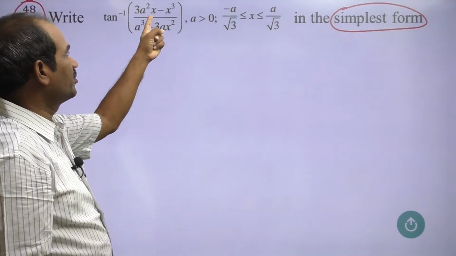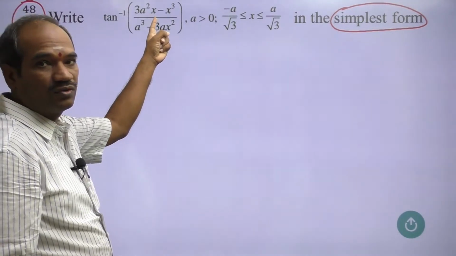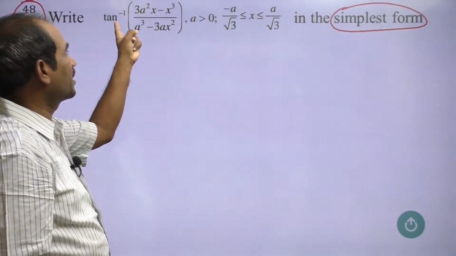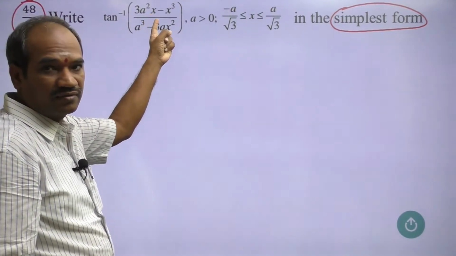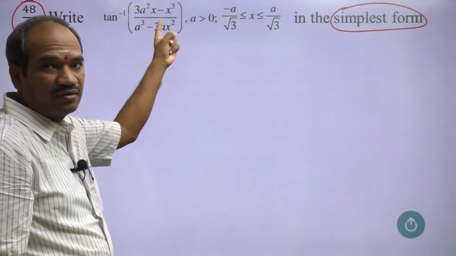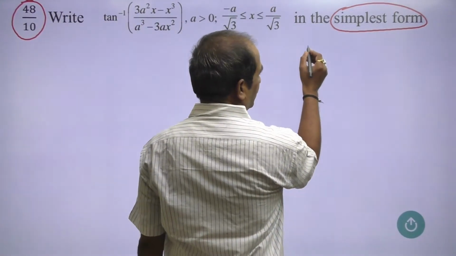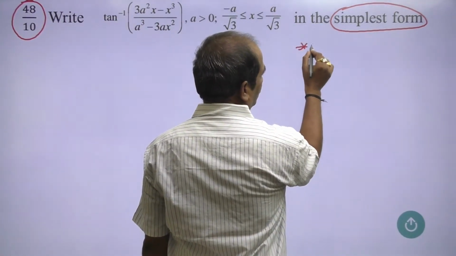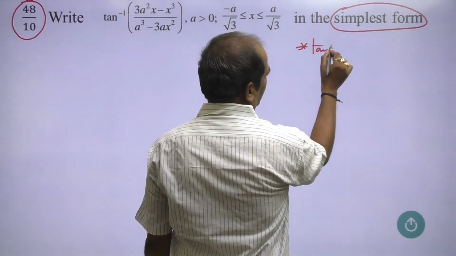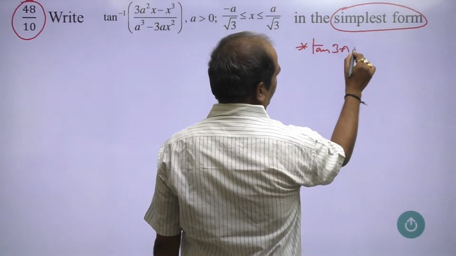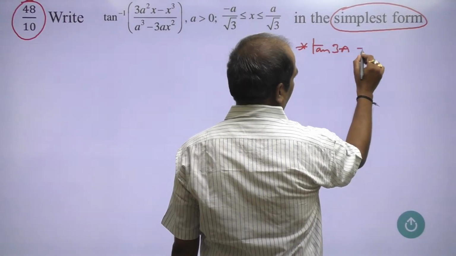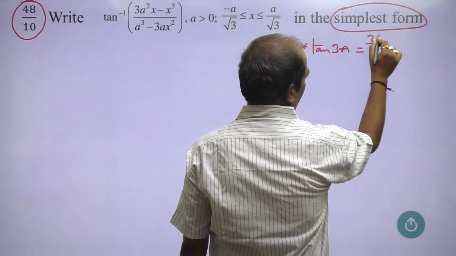In this problem, put x is equal to a tan theta. We need the formula for tan 3A.